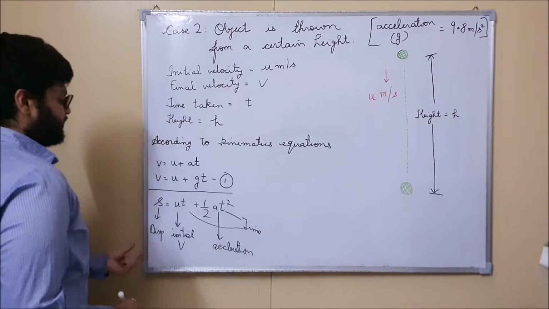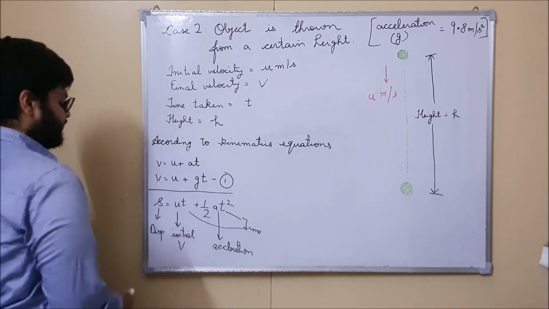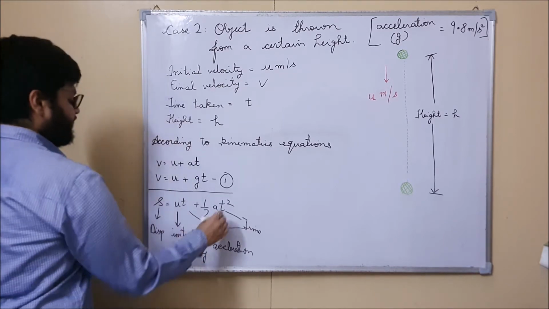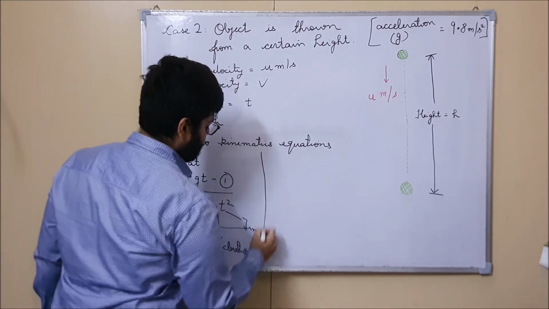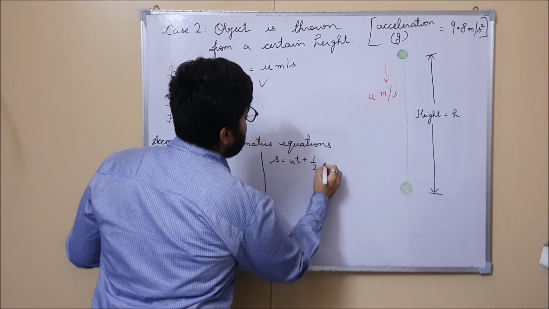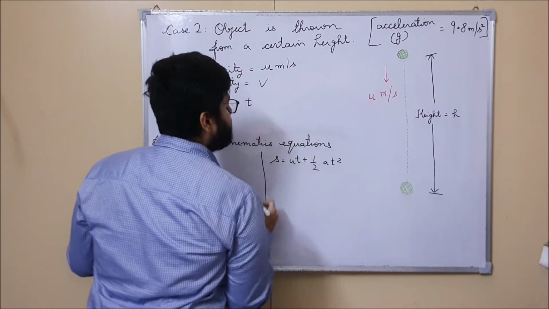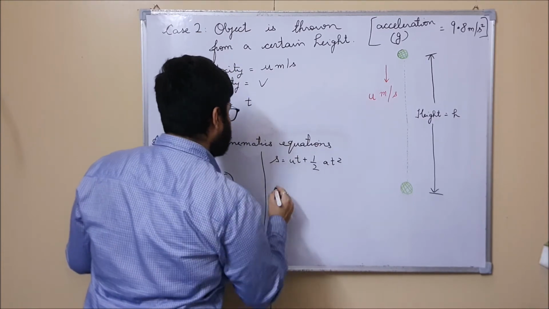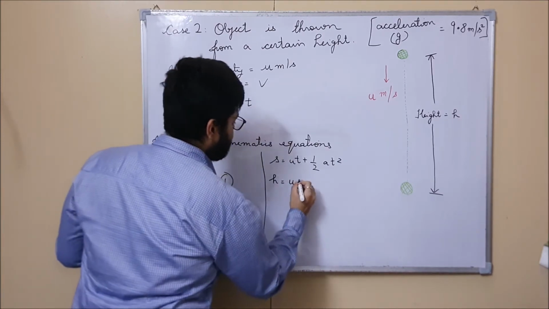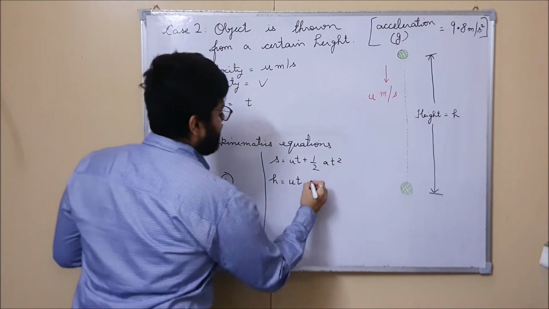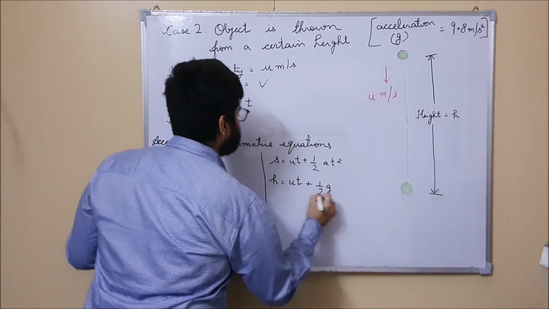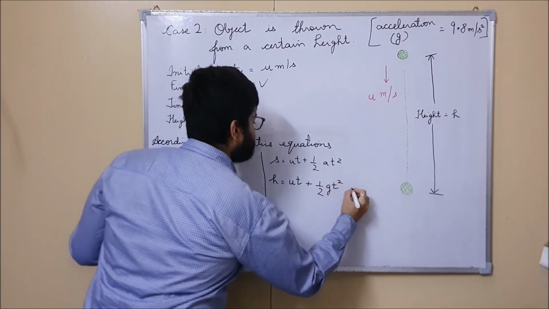So according to this equation, what will be the value of displacement? Height h. h is equals to u, initial velocity, t, time, plus half g into t square. This is our equation number 2.